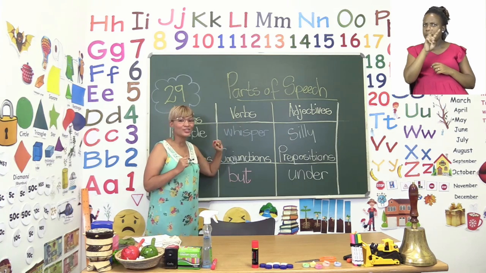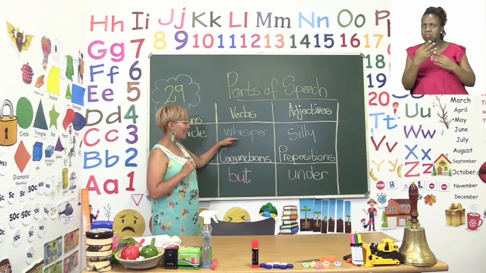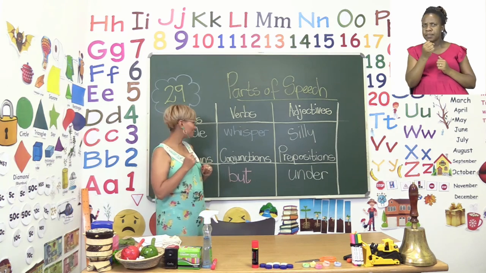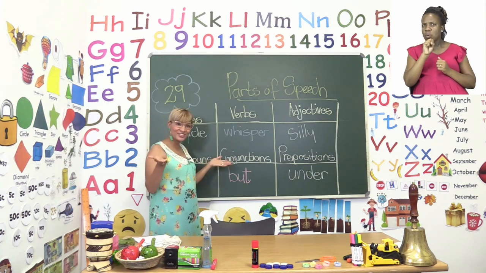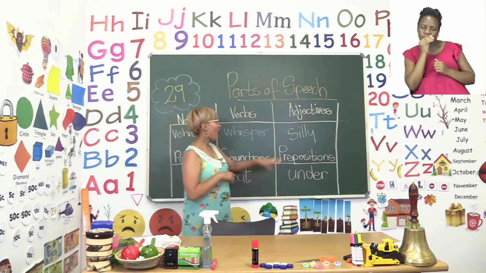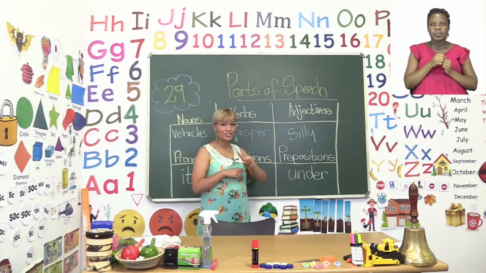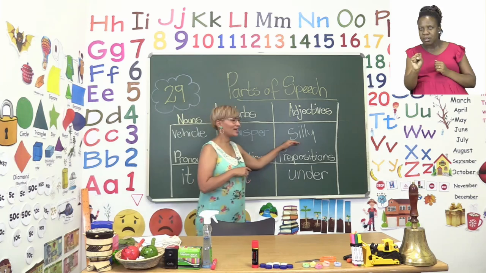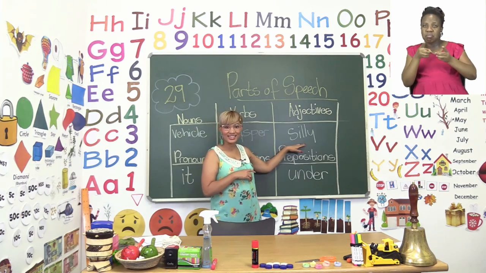Remember, verbs are doing words. Here we have the word whisper. When you whisper, you are doing something, right? And then an adjective. Remember, adjectives explain nouns. Here we have the word silly.